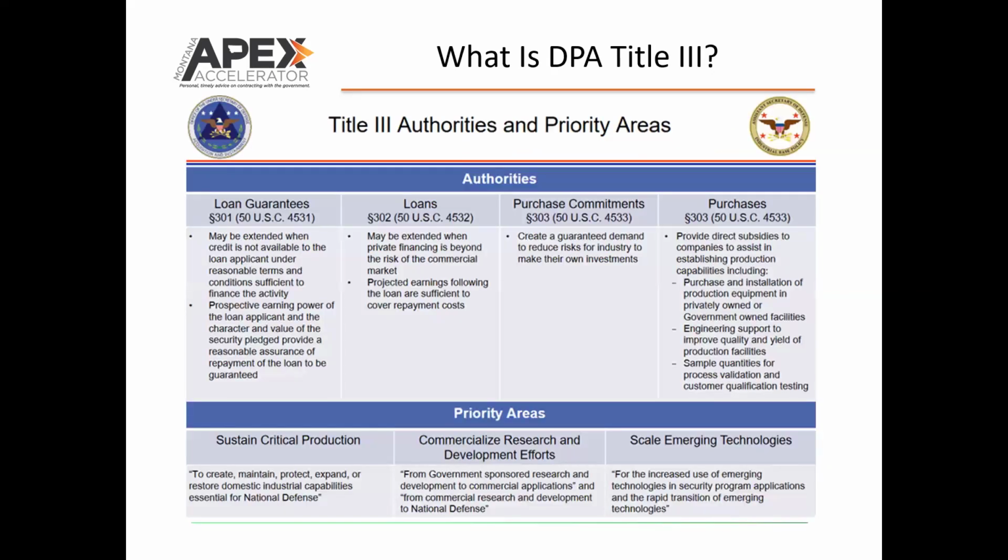DPA Title III offers a powerful, non-traditional way for companies to do business with the federal government. Under Title III, it authorized the president to establish mechanisms such as regulations, orders, or agencies to allocate materials, services, and facilities to promote national defense.